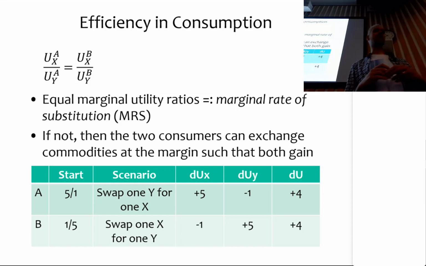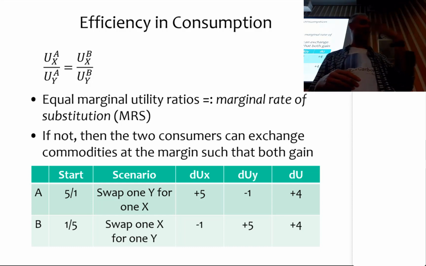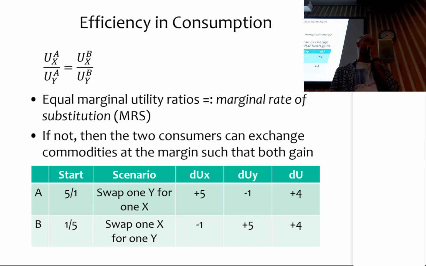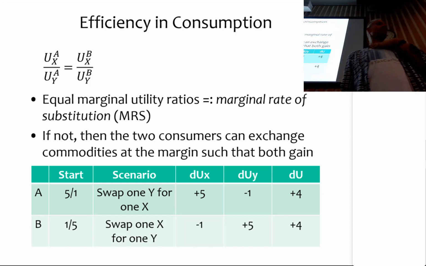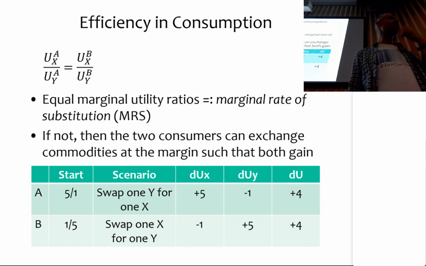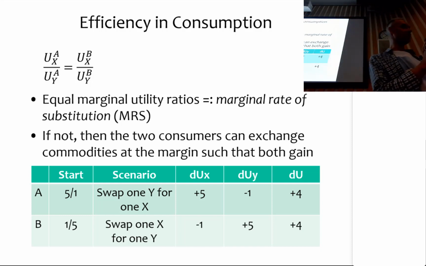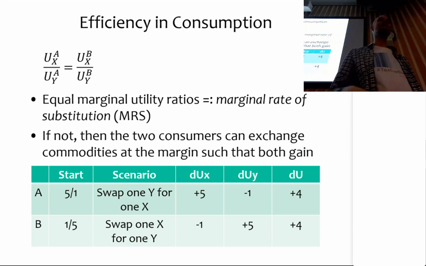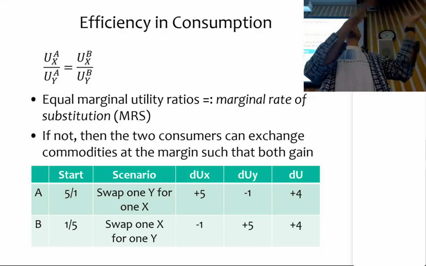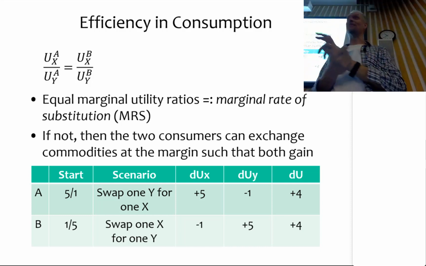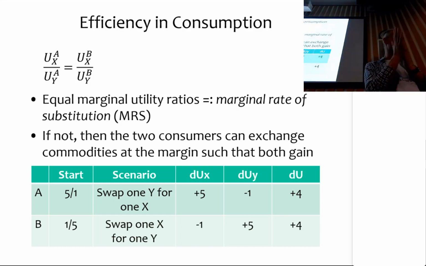So the first partial derivative of utility A to good X over the utility A to good Y should equal the same for person B, the marginal utility of B to good X over the marginal utility of B to good Y. And we call this the marginal rate of substitution, or rather Marshall way back when, or maybe it was Mary Paley way back when, called it this way, and therefore we still call it the marginal rate of substitution.